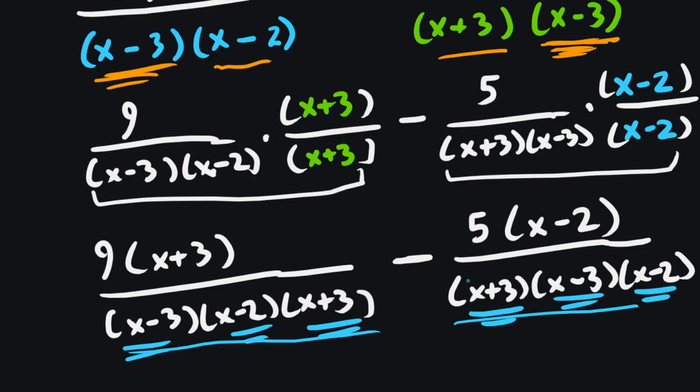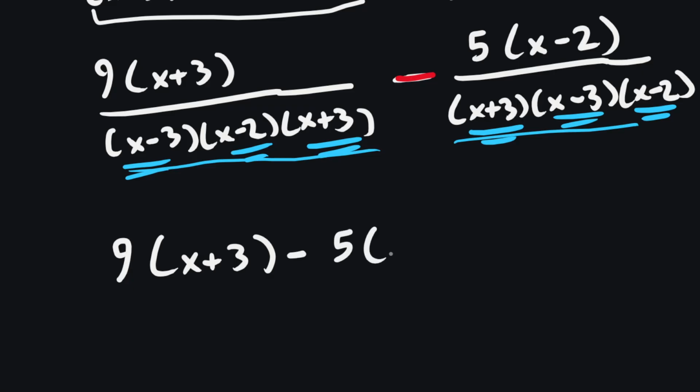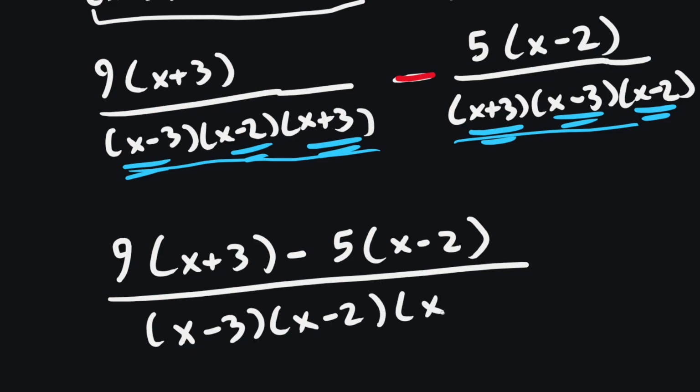So now that they have the same denominator, we could go ahead and add, or in this case, subtract the two numerators. So let's go ahead and subtract those two. So we have 9 times x plus 3 minus 5 times x minus 2 over this entire denominator, x minus 3 times x minus 2 times x plus 3.